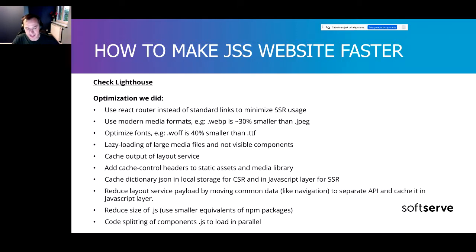We reduce the layout service payload for common data, for example, in our case, the data returned in the navigation, which was always the same for every page. Instead of returning this in every layout service request, we just moved it outside of the layout service, returned it with an external API, and cached it.